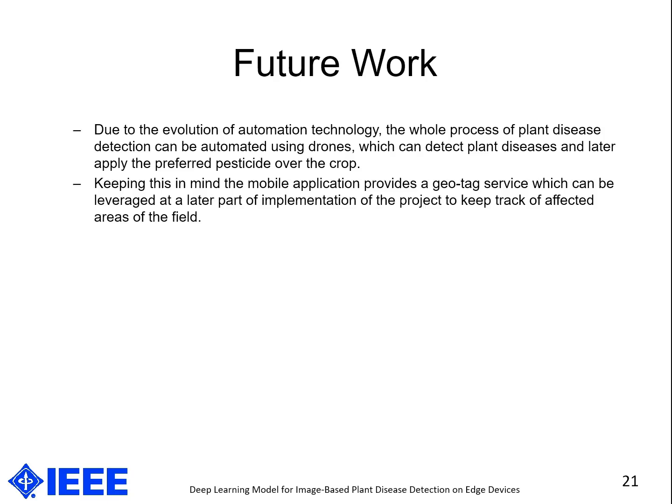Keeping this in mind, the mobile application should also provide a geotag service which can be leveraged at a later part of the implementation of the project to keep track of affected areas of the field. As I mentioned, in future we can use drones to geotag the field, but even the mobile application should have such a process.